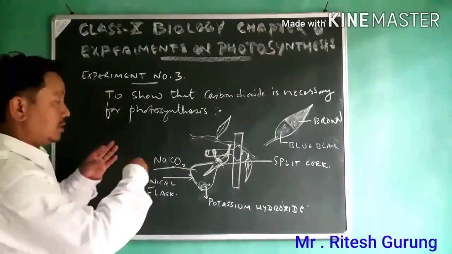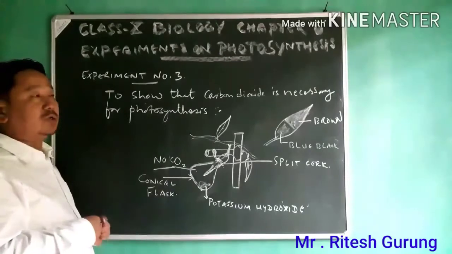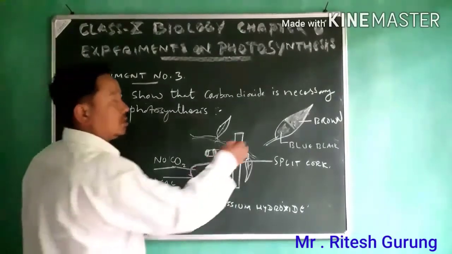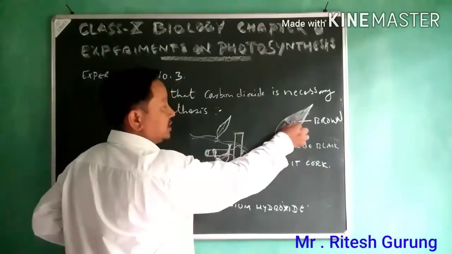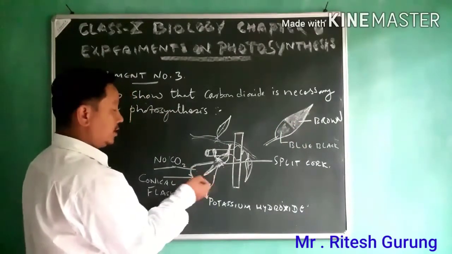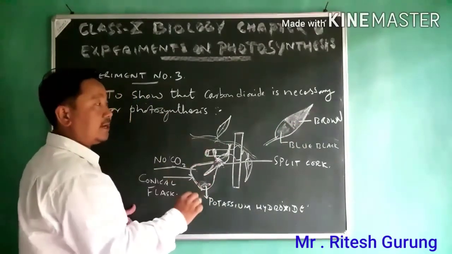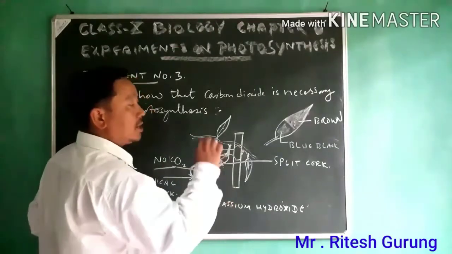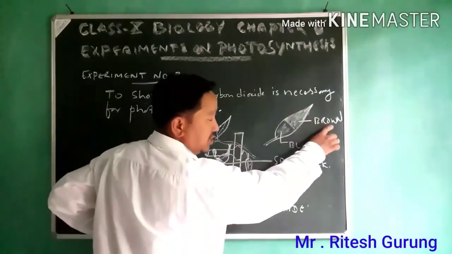In the test, what you find is that only the portion which is inside the conical flask, where carbon dioxide was not there, turns to brown coloration.